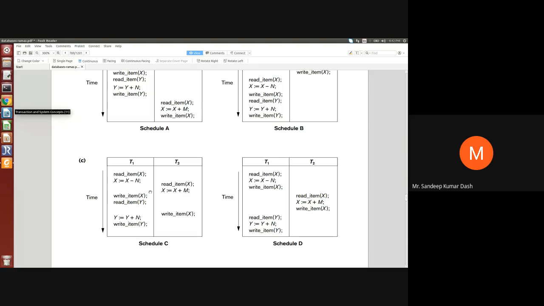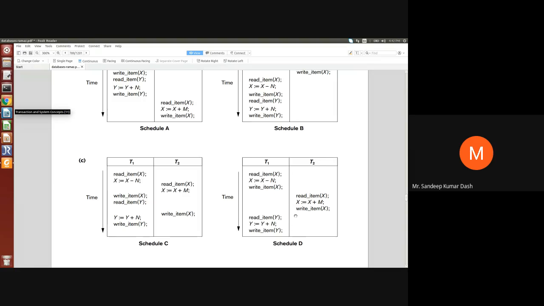The lost update problem is faced by schedule C, but this one is not facing it, because this is in a proper way. You are updating it here, directly writing onto the database, so that it reads the proper value, not the temporary or incorrect value. So at the end, this schedule gives you the proper result.